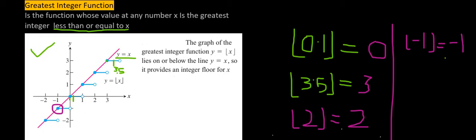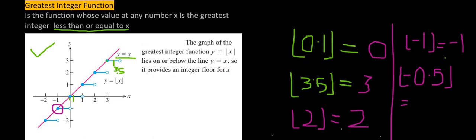And now I'm taking an example in decimal form. The negative value minus 0.5, and what will be the greatest integer in this term.